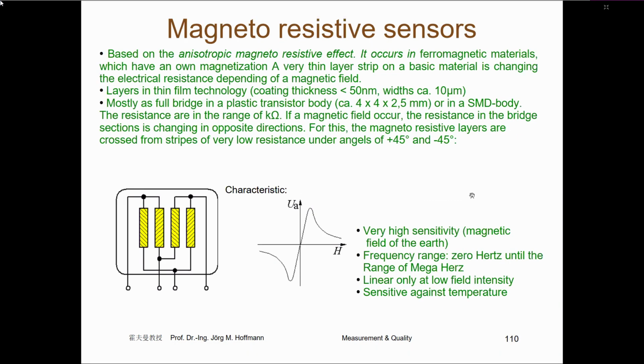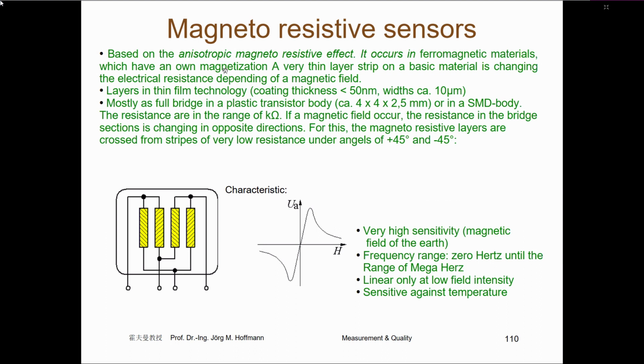And then we have, on nearly the same principle, an extremely sensitive sensor, where these field plates are in a bridge. That is the first point. They are in a bridge.